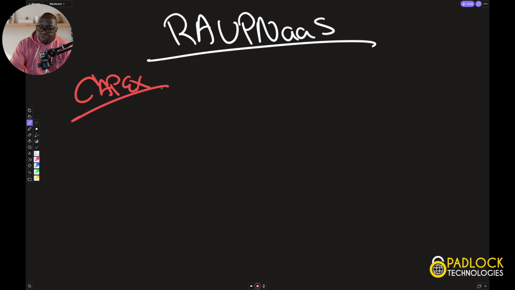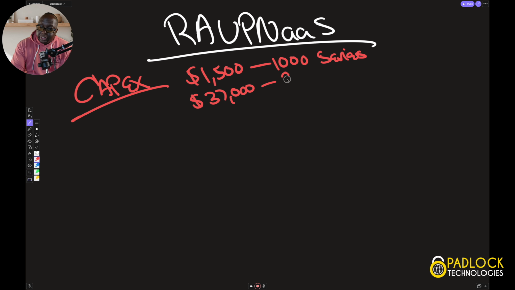You can spend on the low end $1,500 for like a 1000 series. Now, obviously, there's going to be more in that 1000 range, all the way up to $37,000 for like a 9000 series. And that really depends on, this is more of a service provider firewall, but some people buy them and there's different versions in between, like the 4000 series, such and such.